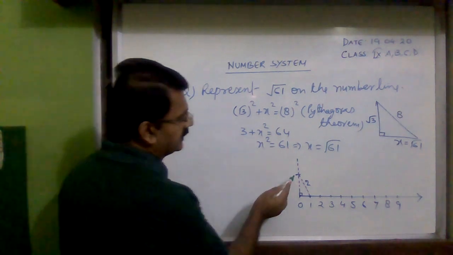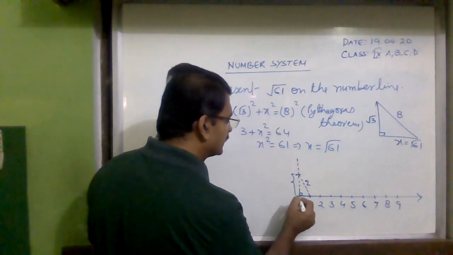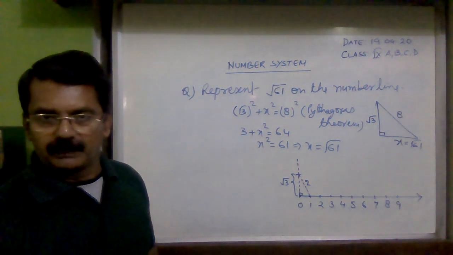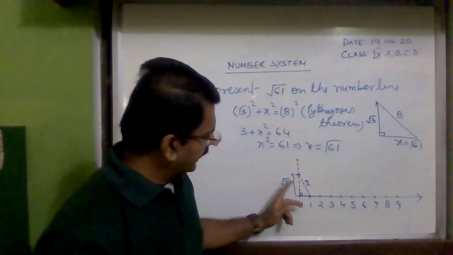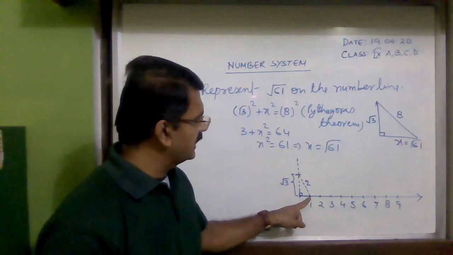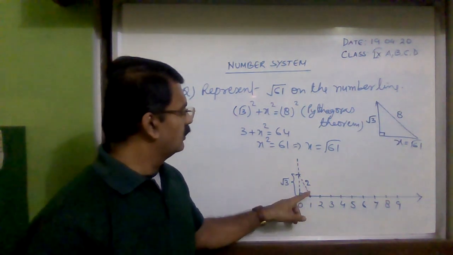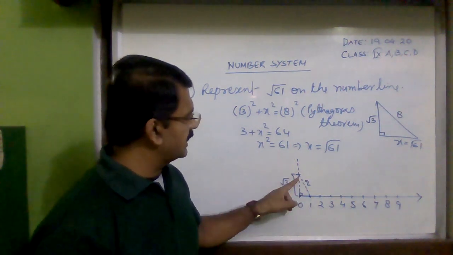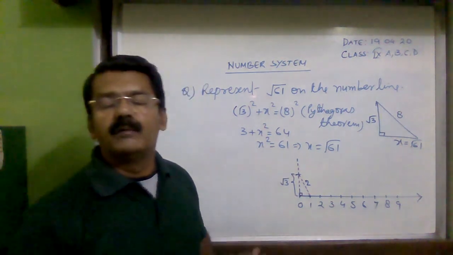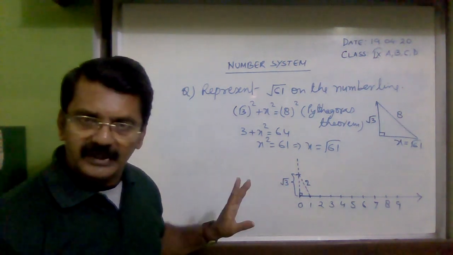Now if this distance is 2 and this distance is 1, then easily you can understand that using Pythagoras, this length will become root 3. Is it clear? I repeat, keeping the pin of the compass at the mark 1 and with radius equal to 2 units, you have to draw an arc which cuts this line at a point, and the distance of that point from the origin will be equal to root 3. So in this way, we have found the value of root 3.